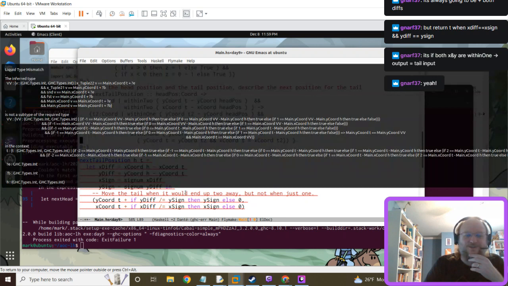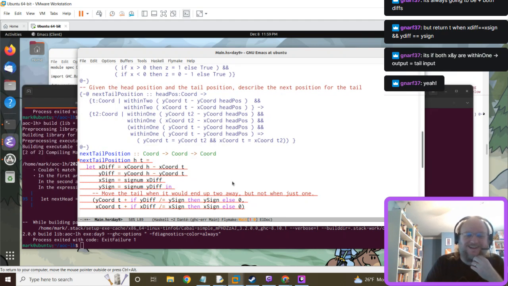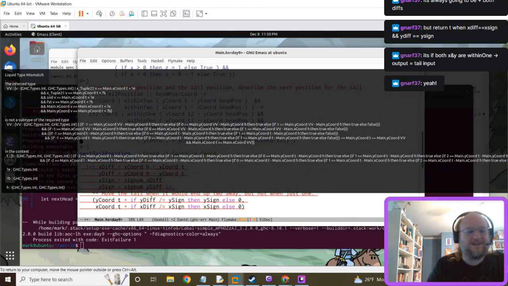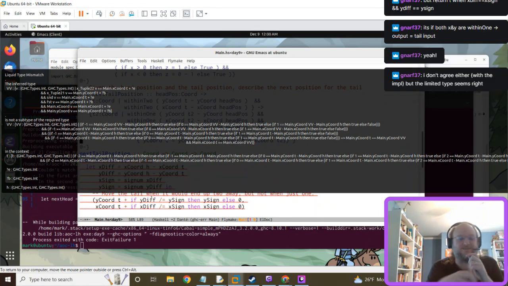Wow, it doesn't agree. It'd sure be nice if it could give us a counterexample to its inference.